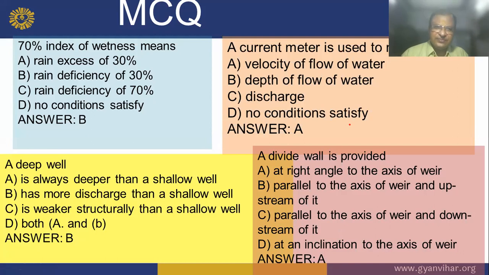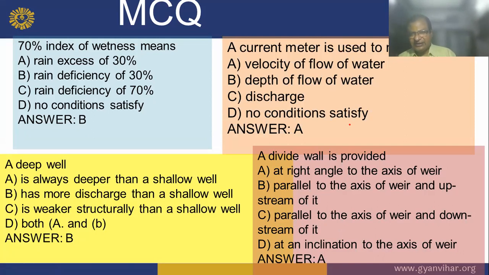Correct answer is B. Now a current meter is used to measure velocity of flow of water.